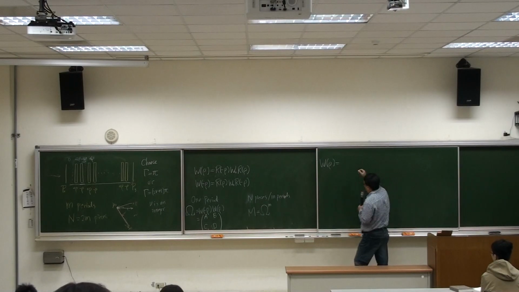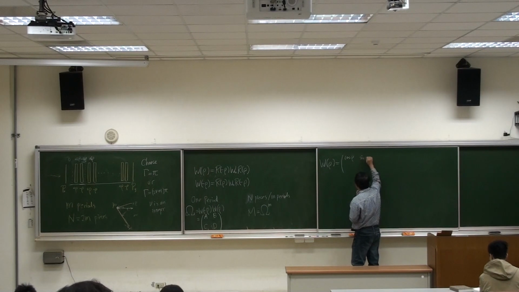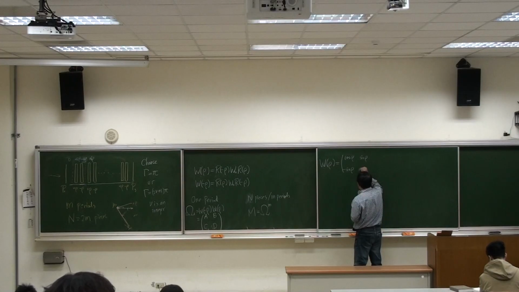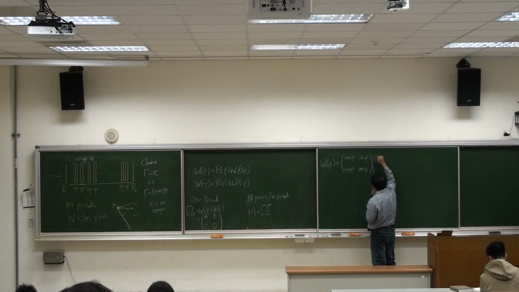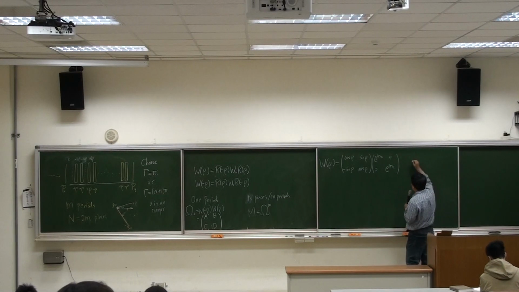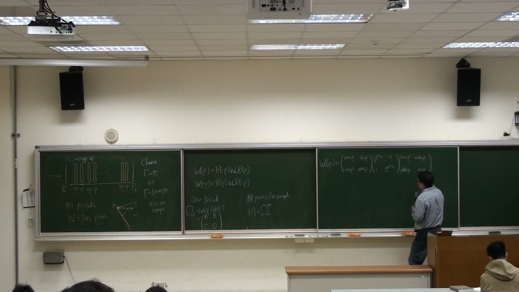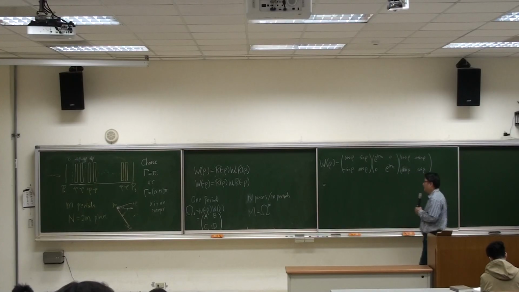W rho is cosine rho, sine rho, minus sine rho, cosine rho, times W0, which is exponential minus half gamma, exponential half gamma times cosine rho, minus sine rho, sine rho, cosine rho.